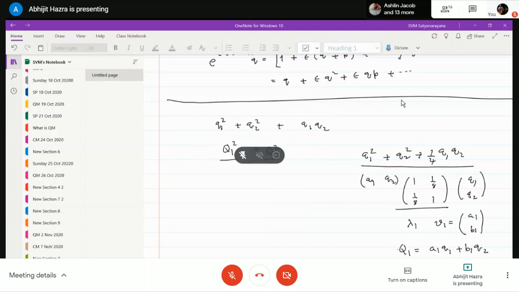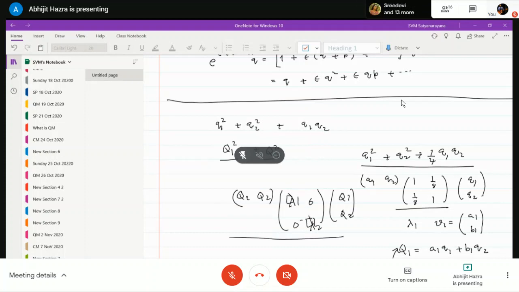So if you take Q1 and Q2 like this, then write it in this fashion, with the matrix in between, you see that it should be diagonal, with lambda 1 and lambda 2.